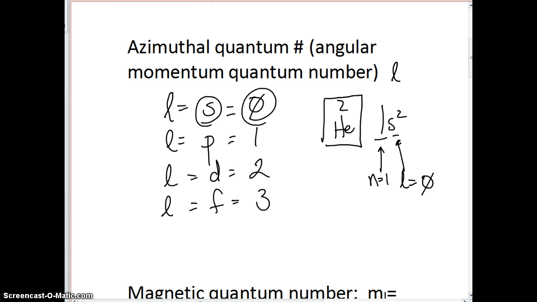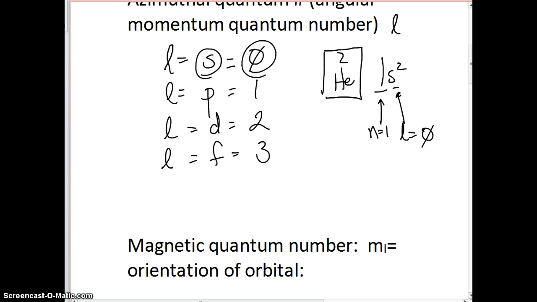We can give you another example here. Let's say we're looking at magnesium. Actually, let's not look at magnesium. Let's do something a little bit different. Let's do titanium. Titanium is atomic number 22.